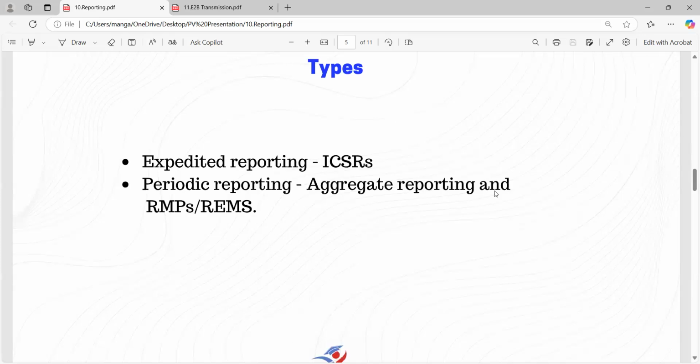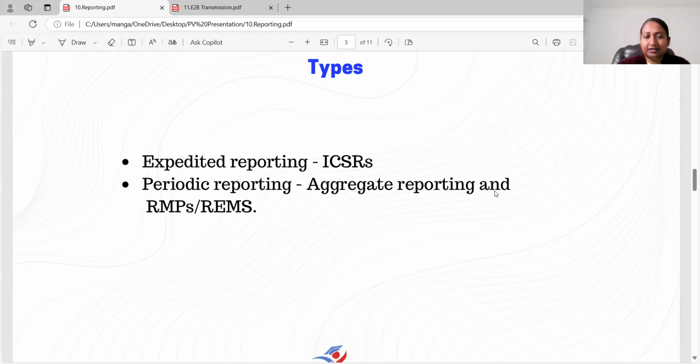Now, what are the different types of reporting? One of the most common types, and what you are trained on in MediPharmSolutions, is expedited reporting, also known as ICSRs. Another method of reporting is periodic reporting. Like I explained in the previous slide, what falls into periodic reporting is aggregate reporting as well as risk mitigation plans or REMs.